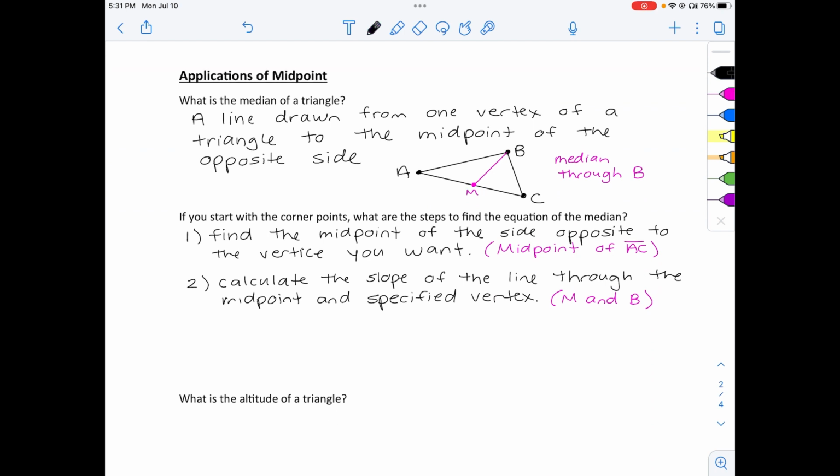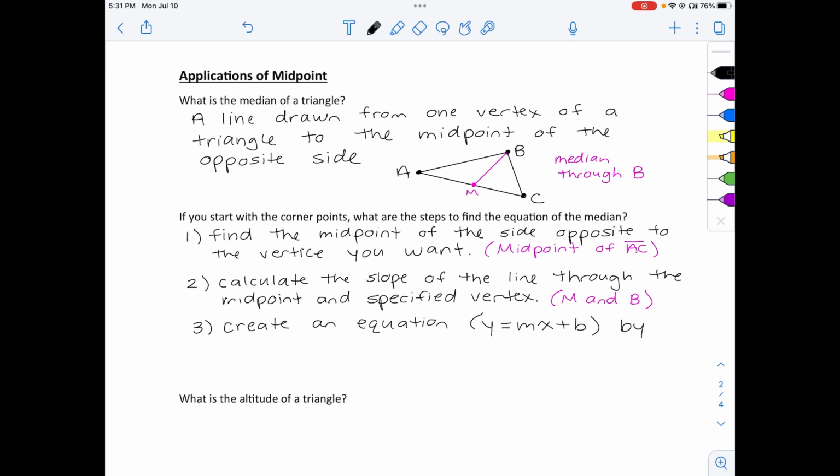Then, once you have the slope, you can create an equation in slope-intercept form. Okay, so y equals mx plus b. And you do that the same way that we were calculating equations yesterday.